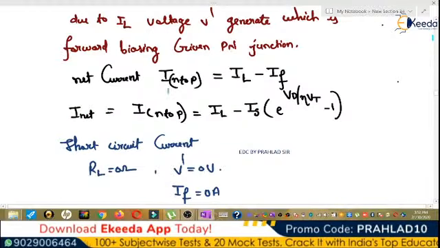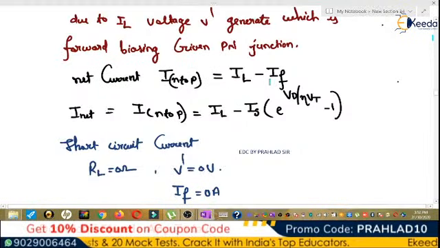So the net current from N to P is IL minus IF. So IL minus IF is IS e to the power Vd upon eta Vt minus 1.